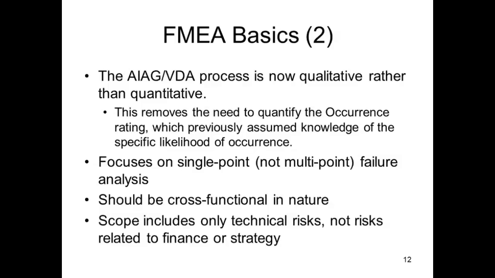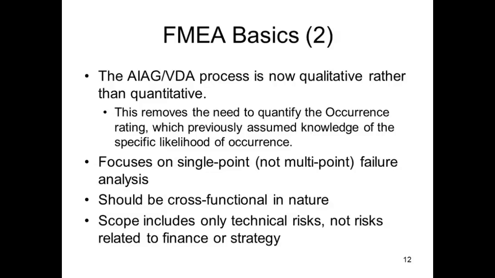We previously had to try to quantify the occurrence rating, which previously assumed knowledge of the specific likelihood of occurrence, which is possible to determine if you have process capability data. You can estimate the nonconforming fraction from a process, although that doesn't cover special or assignable causes, which can increase the nonconforming fraction. But quite frequently, that information was simply not available.